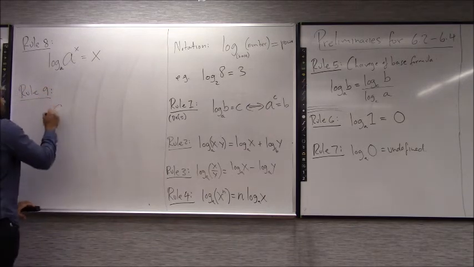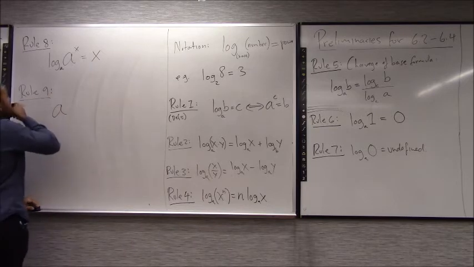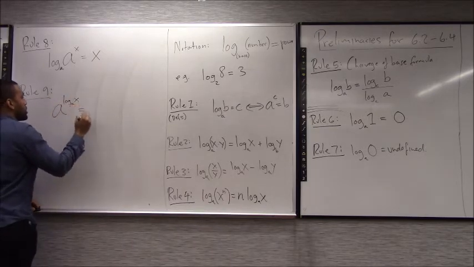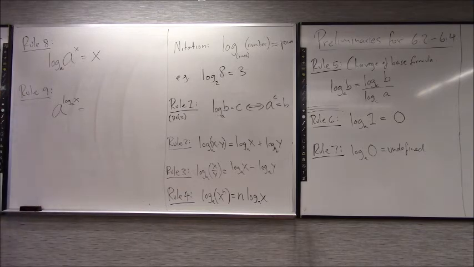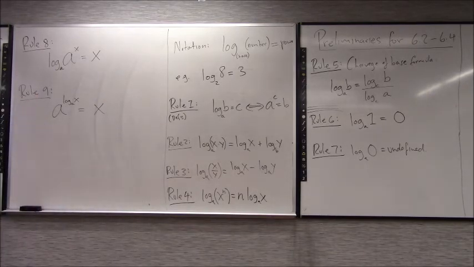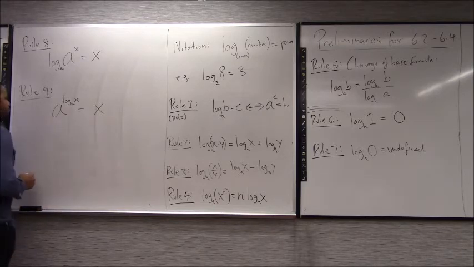Rule 9. This one is a little bit trickier to prove. But if you have a and you raise it to log a of x, what do you get? x. You also get x. That one's kind of strange, but how I probably prove it is you can take a log of both sides.